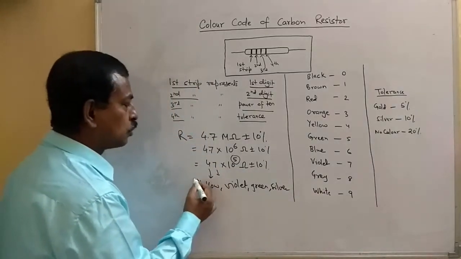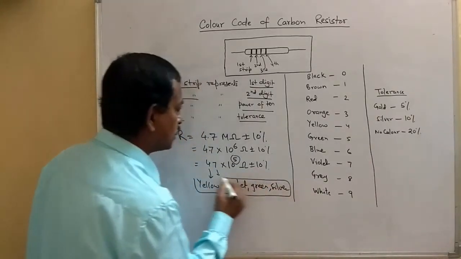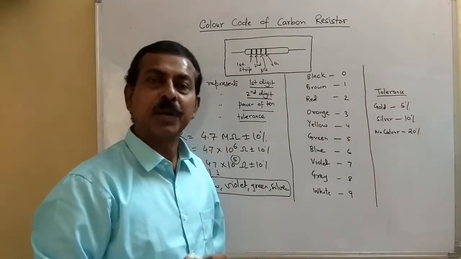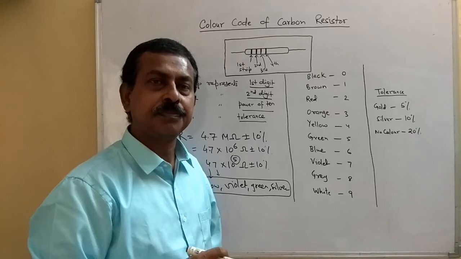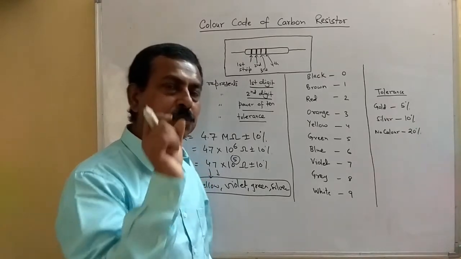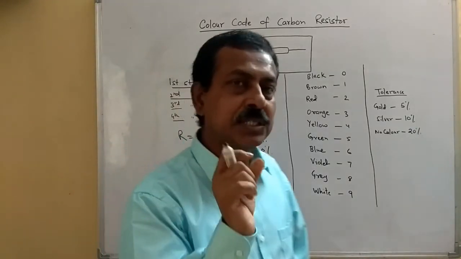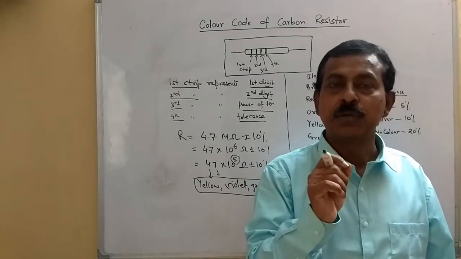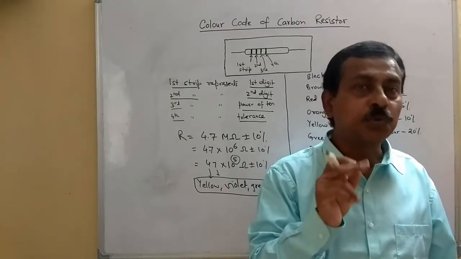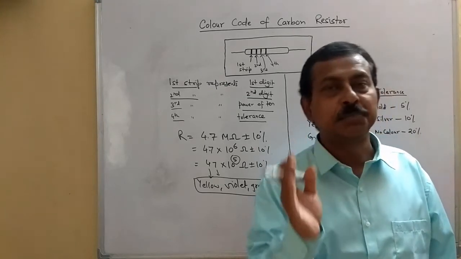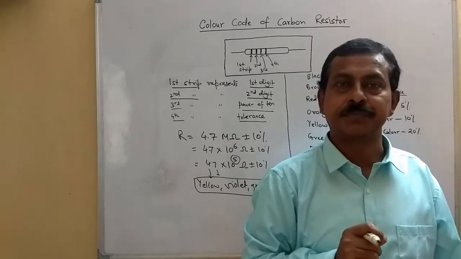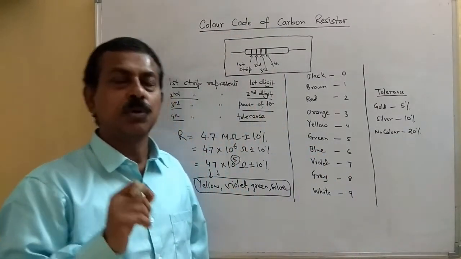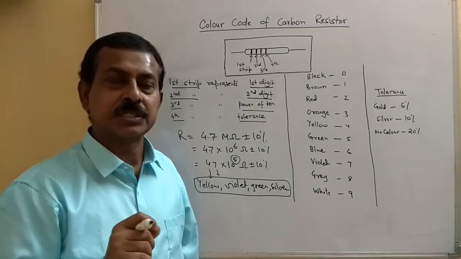So this is the color sequence for that carbon resistor whose value is 4.7 mega ohm plus minus 10%. Here you just take care that if the two digits of the resistance are not intact and have a decimal sign, don't forget to remove that decimal sign and represent it as a power of 10, so that you get the exact value of the resistance.